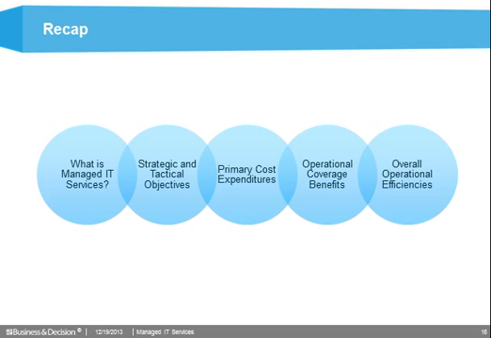The primary cost expenditures that we talked about: infrastructure, personnel, quality and risk management. It's going to give you the broader operational coverage, the 24/7 eyes on the system, and proactive maintenance and support, not just reactive. And it's going to give you overall operational efficiencies.